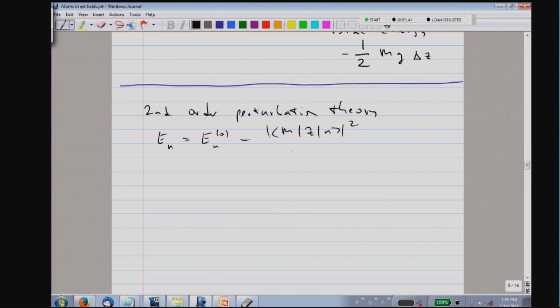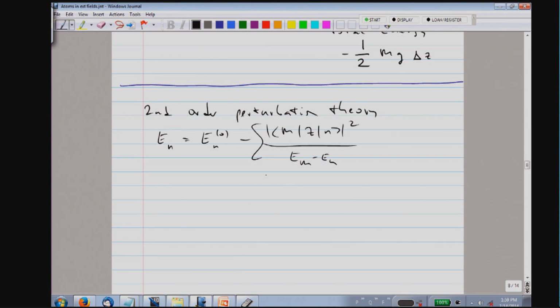We square it, we divide by the energy denominator, we sum over all states m, but I make a prime here. Of course, we are not summing over the state n, we exclude it from the summation.